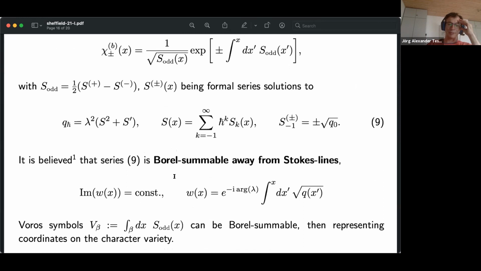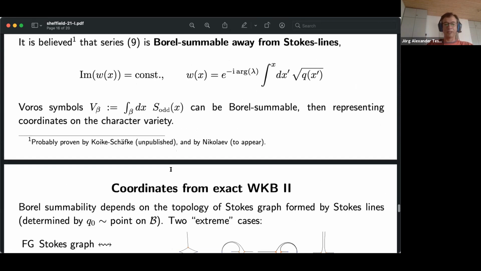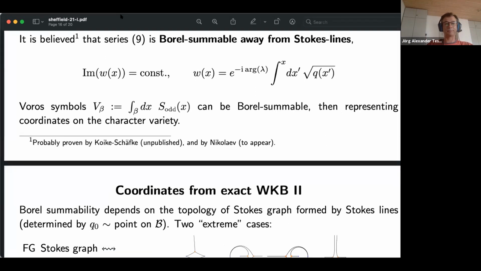It would be to explain how exact WKB does the job of splitting. We will have to be very brief and sketchy, of course, but to single out some preferred choices of sigma and etas. Good. So let me stop here for now. Okay. Thank you very much.